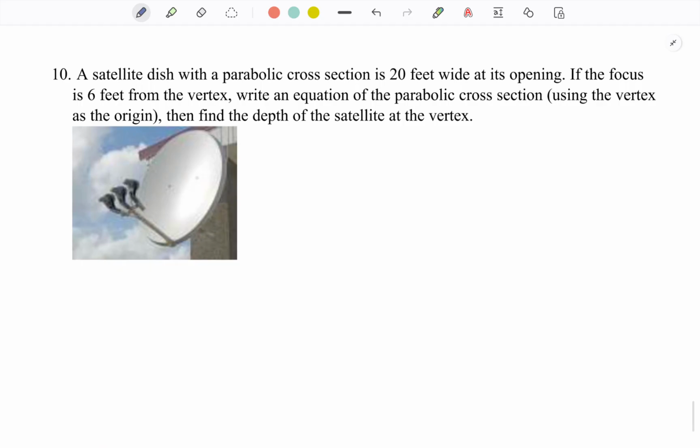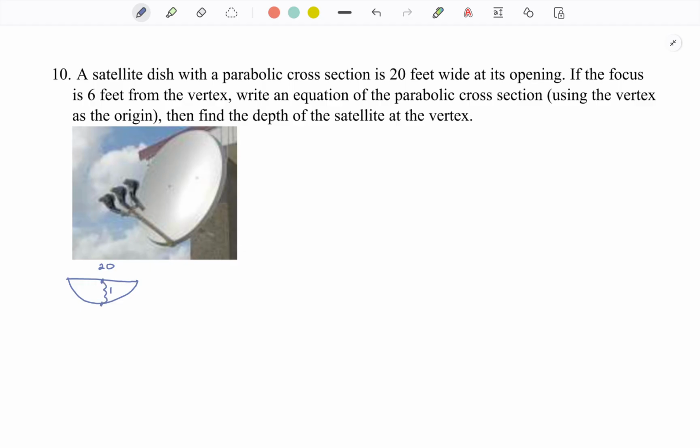Okay, so for our last question, we have a satellite dish with a parabolic cross section that is 20 feet wide at its opening. We have a picture here, but I'm going to draw that dish shape. So it's 20 feet wide. If the focus is 6 feet from the vertex, we'll call this point the focus.